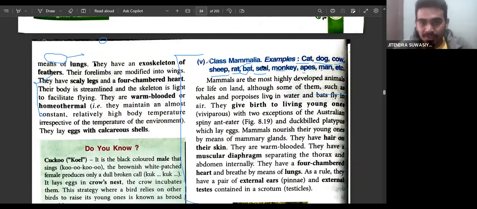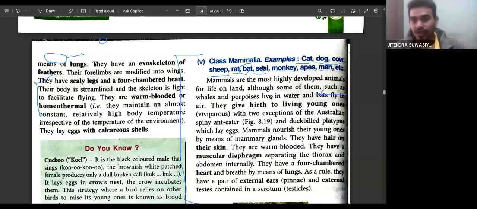So mammals are the most highly developed animals, for life on land, although some of them, such as whales and porpoises, live in water and bats fly in the air. Why do I say that we are the most highly developed animals? Because we are the only ones who have a highly developed brain, and we can do our work ourselves. So our brain is also developed.